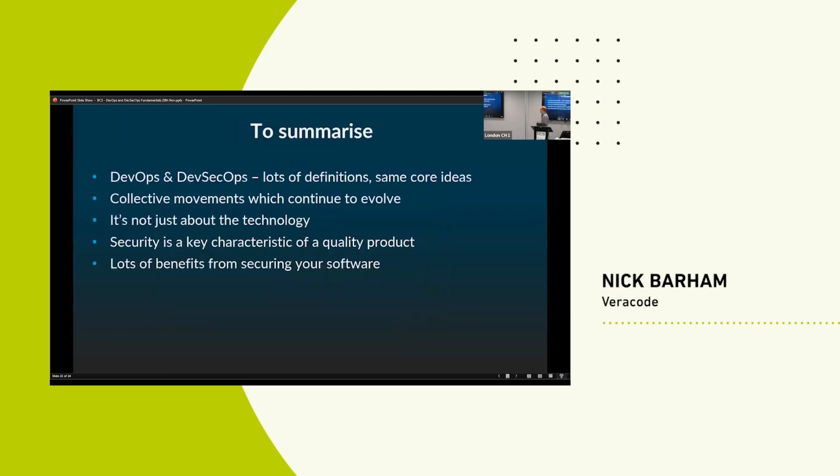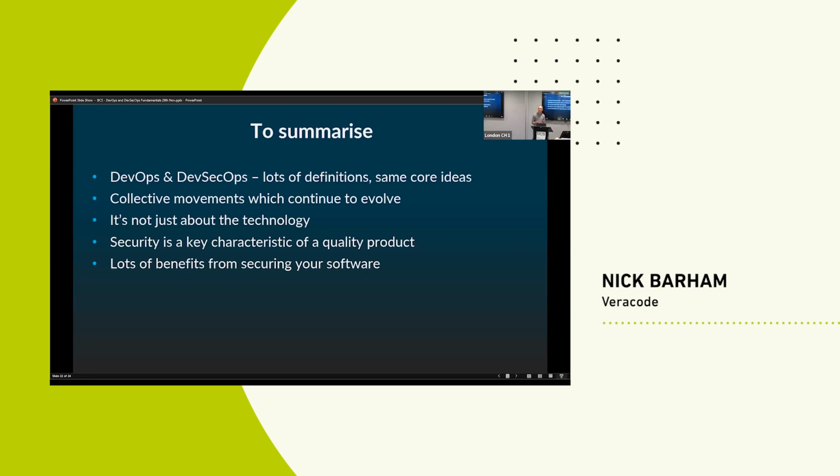So to summarize the slides that I've gone through, I think DevOps and DevSecOps, as you've seen lots of definitions, it's the same core ideas. It's the people who are involved in things, looking at the processes that people are using, how to optimize them. And of course, it's the technology as well. DevSecOps as a term, some people agree with it. Some people think security shouldn't be needed because it is a fundamental part of DevOps.